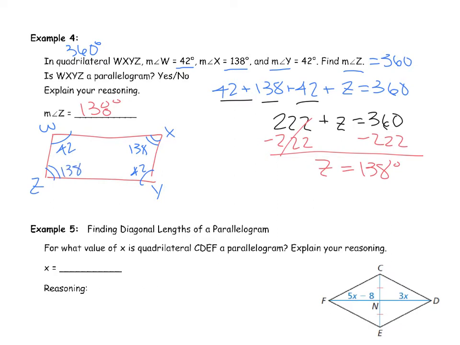And we can note here that the opposite angles are, that's right, congruent. So, is it an actual parallelogram? Why, yes, it is. And why is that so? Because opposite angles are congruent.